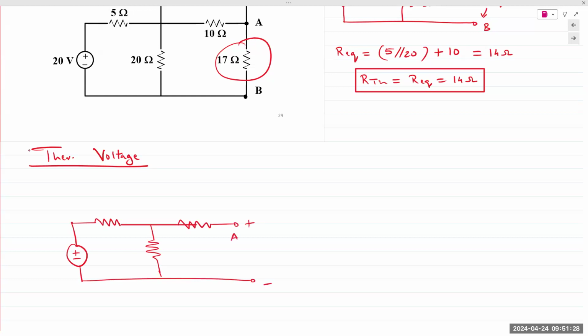So this is A, this is B, and VOC is measured between those terminals, 20 ohms and 10 ohms, 20 volts.